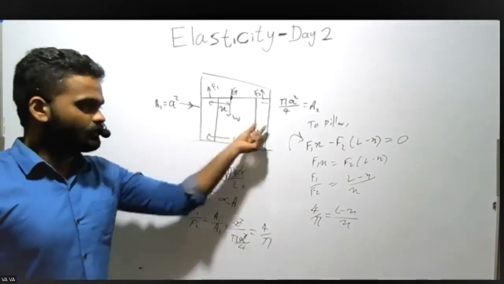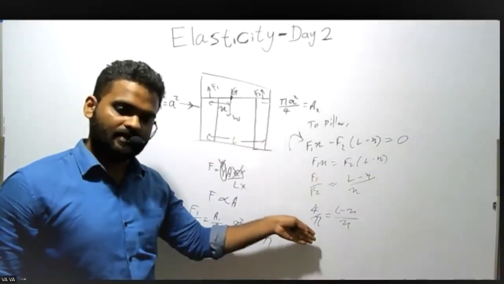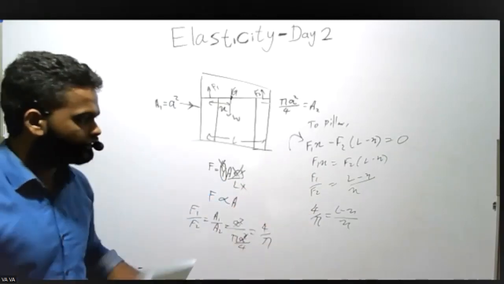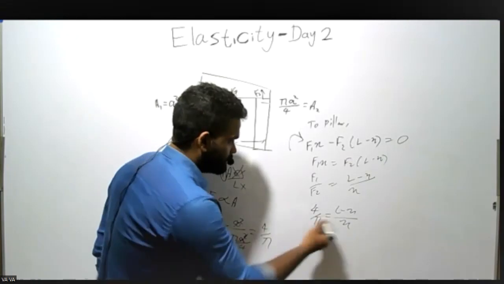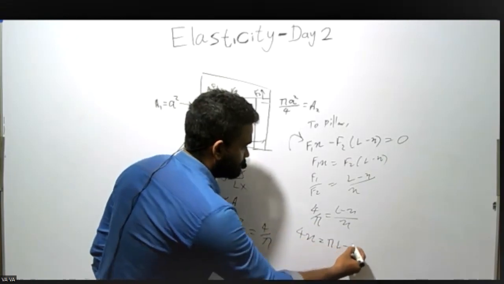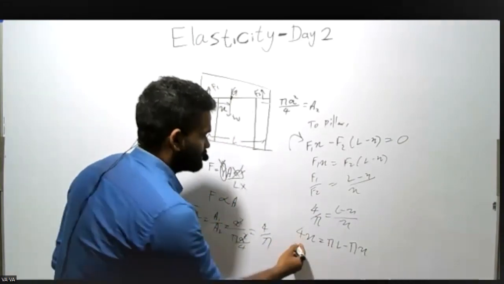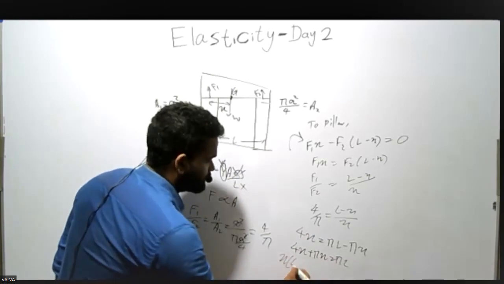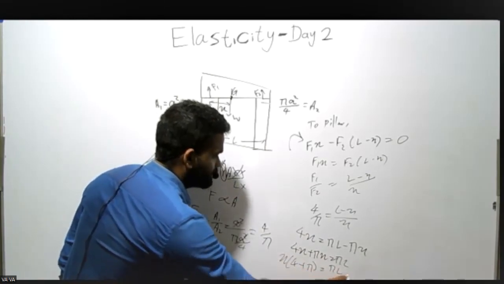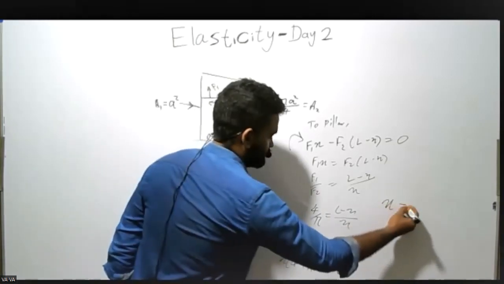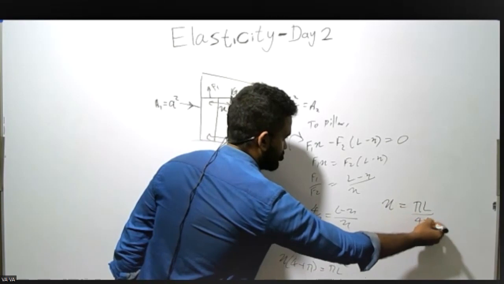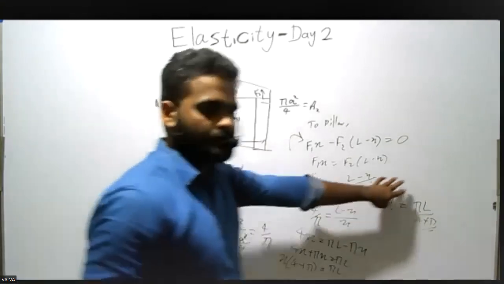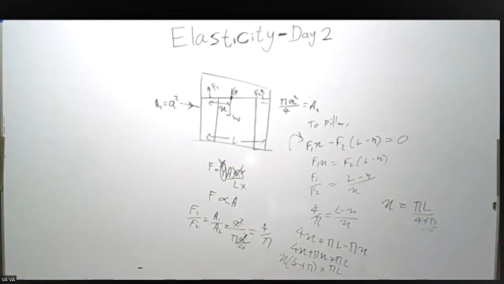If these are the same for both, when we divide the same thing they cancel off. So this ratio is equal to 4 over 5. Then cross multiply: 4x equals 5L minus 5x. Take this to the other side: 4x plus 5x equals 5L. Take x out: (4 plus 5)x equals 5L. Then divide again: x is equal to 5L divided by 4 plus 5. Right? If you didn't understand anything, ask me.